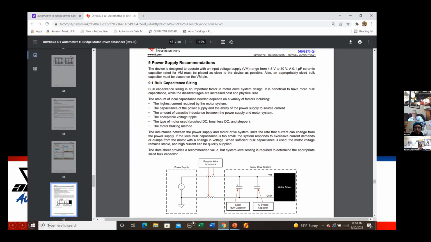Because just what if, instead of a shorted motor, we had a power supply problem on that chip? Okay, and it's telling us that it's taking into consideration parasitic wire inductance between the power supply and the motor driver, and it's showing us that we have a bulk capacitor so that the motor voltage doesn't drop, and this IC bypass capacitor.